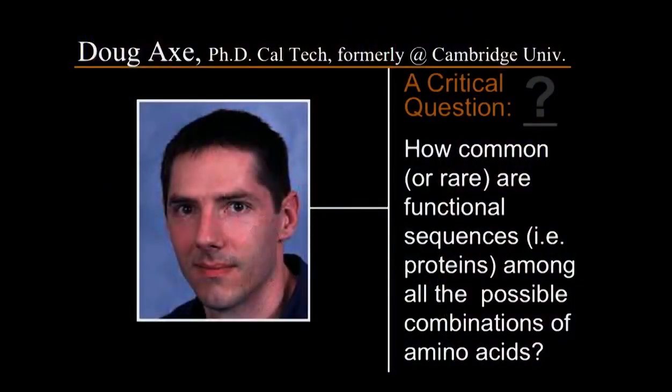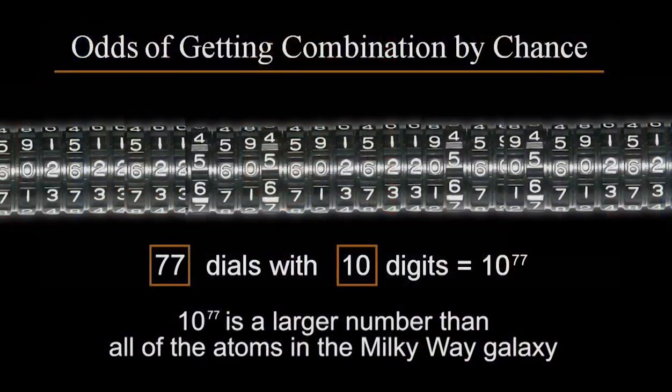In fact, there's a scientist named Douglas Axe who's given a very precise estimate of this, and he has shown that it's much more like a bike lock with 77 dials, which is one for every functional arrangement of those letters in the DNA code. There are 10 to the 77th arrangements that will give you gibberish, that is, a non-functional, non-folding amino acid chain rather than a functional protein.